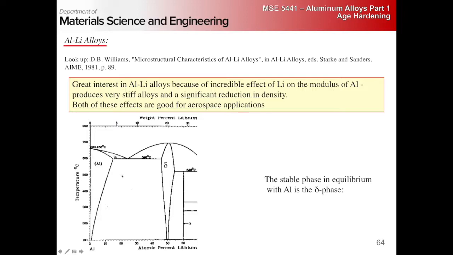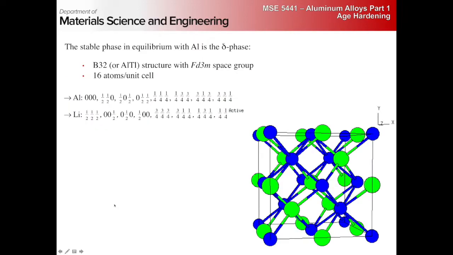So if we look here, the stable phase in equilibrium with aluminum is delta, right? So most of the time we're going to be in this two-phase regime with FCC and this delta phase over here. Well, what is that delta phase? Delta phase is a bit complicated, right? It's a B32 structure. It's the same structure that you get for aluminum titanium.